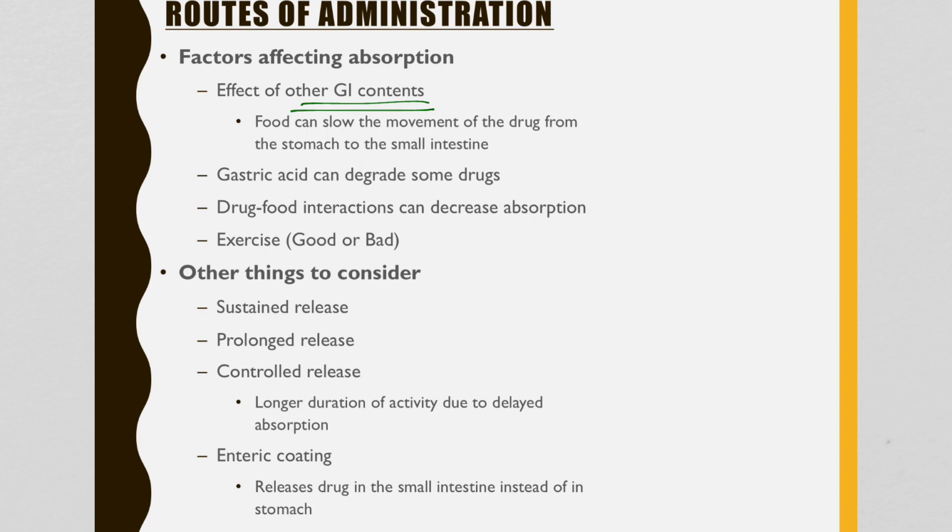I'll say it the opposite way. If you have a patient who eats before taking a drug, that's the way that I want to say it, it will slow down the rate at which the drug is absorbed, because first we have to process and break down the food before the drug can move through the system.